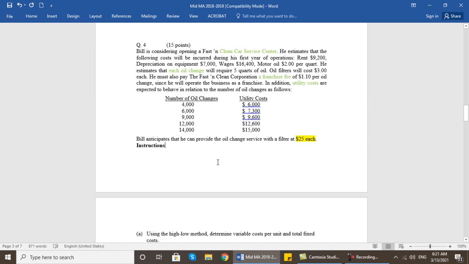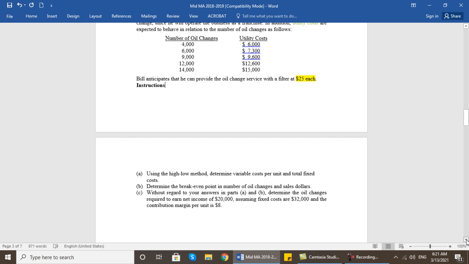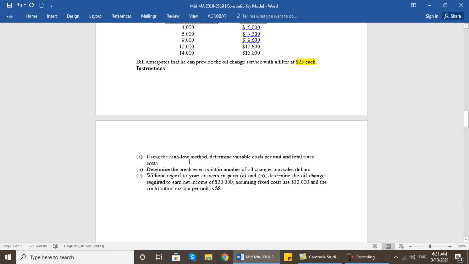The price provides the oil change with a filter at $25 per car. Here, using the high-low method, determine variable cost per unit and total fixed cost. B, determine the break-even point in number of oil changes and in sales dollars.